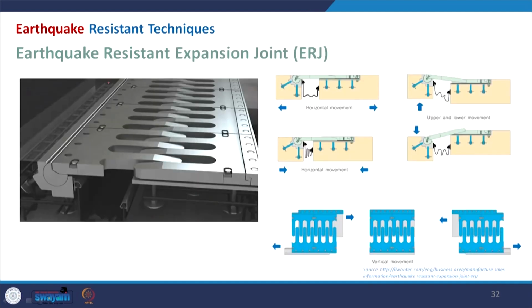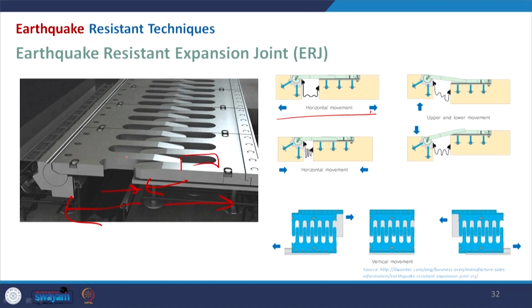Coming to another technique, that is the earthquake resistant expansion joint. So this will look like this, and you can see the movement when there is a horizontal movement away from each other. They will go apart, and when there is an opposite motion, they will try to close, and that gap is maintained and designed for different frequencies.